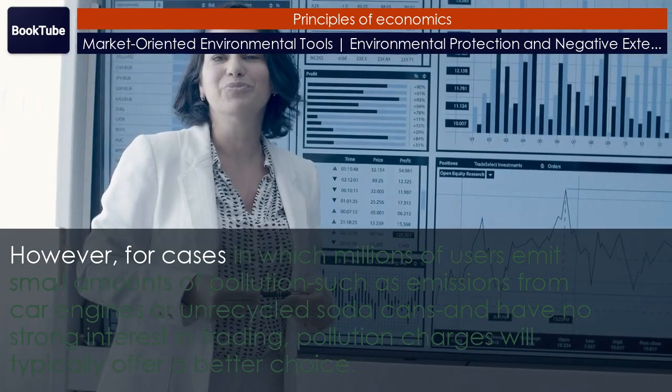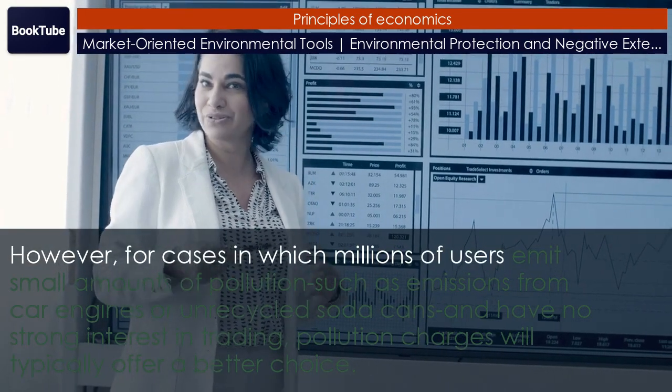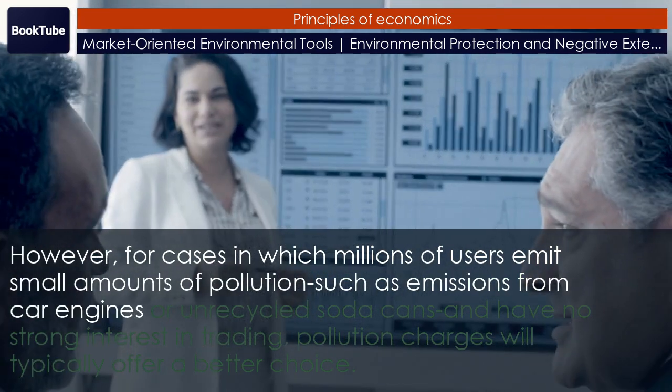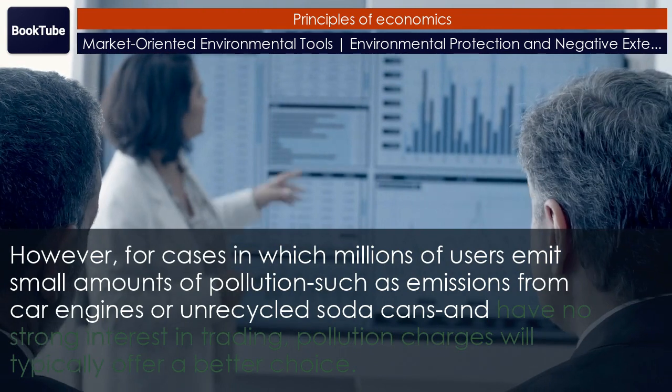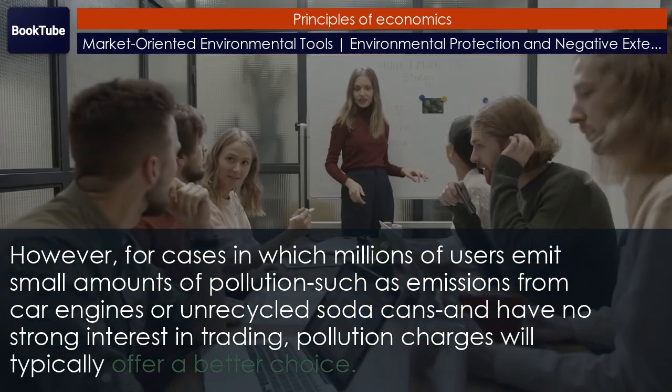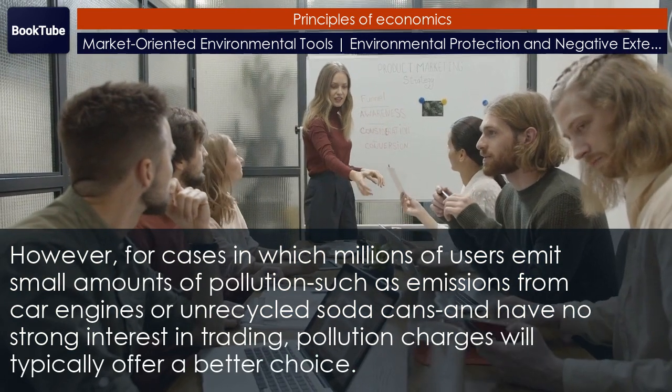However, for cases in which millions of users emit small amounts of pollution such as emissions from car engines or unrecycled soda cans and have no strong interest in trading, pollution charges will typically offer a better choice.